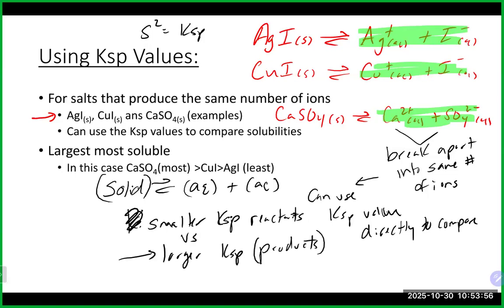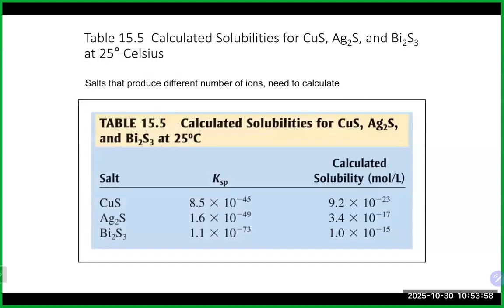Now, what happens when you are comparing things that do not break apart into the same number of ions? So, for example, here we have copper 2 sulfide. And again, when this guy breaks apart, we will get a copper 2 ion and a sulfide ion. We have a little silver sulfide here.